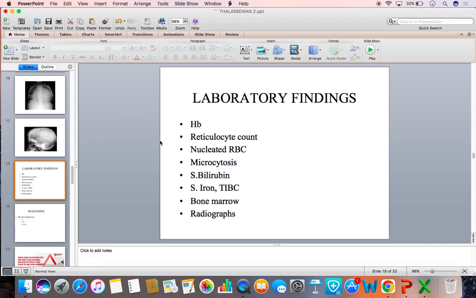Bone marrow shows erythroid hyperplasia, and radiographs show the skull bones with hair-on-end appearance. If you take the long bones, there could be pathological fractures and widening of the marrow space.